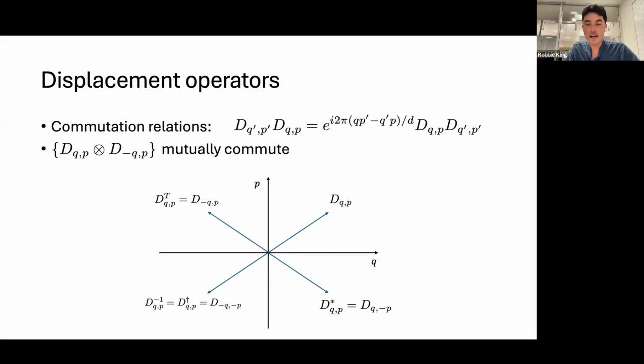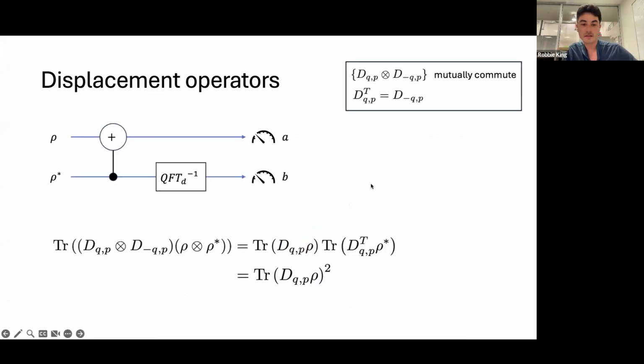Okay, so now we can try to use the same trick as what helped us in the Pauli case. So now I have a commuting set of operators, say D tensor D transpose. If I place rho tensor rho on my two registers and measure, I should say that now, of course, similarly, they have a simultaneous eigenbasis because they all commute, which is the entangled eigenbasis given by this.